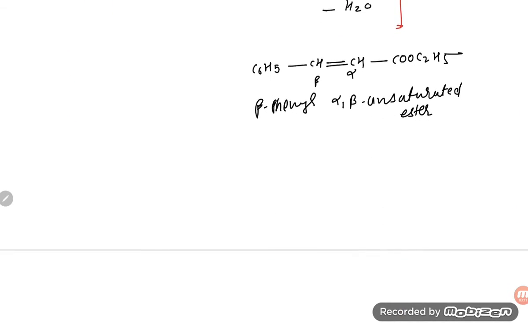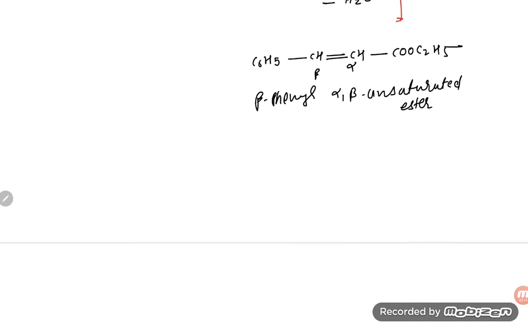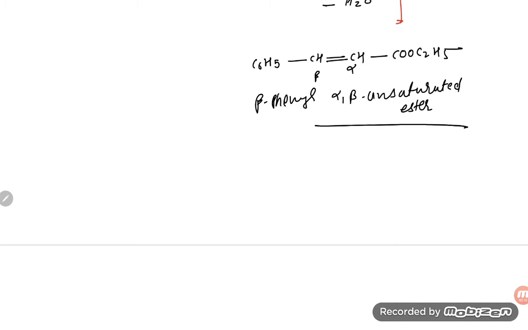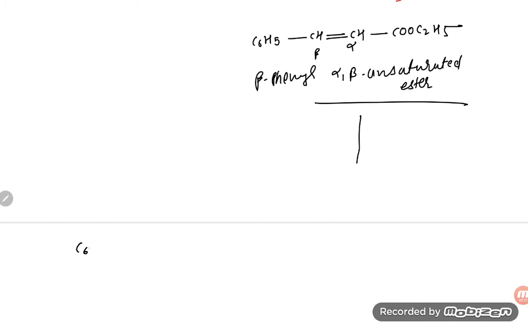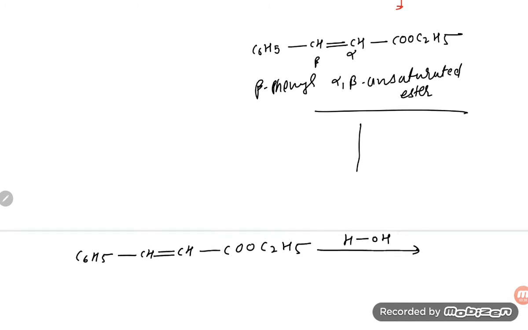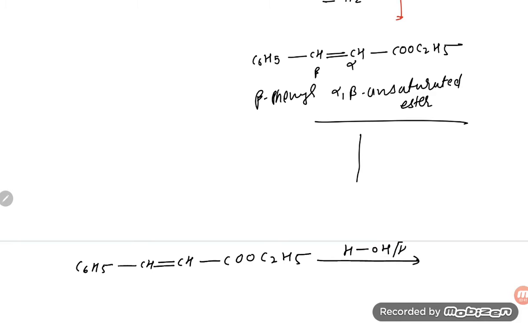So whatever alpha beta unsaturated ester we are getting is going to undergo hydrolysis. So let us write again C6H5, CH, double bond, CH, COOC2H5, and this one undergoes hydrolysis, HOH in the presence of H plus.